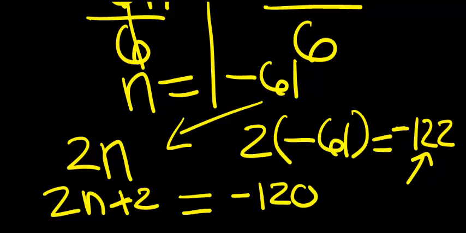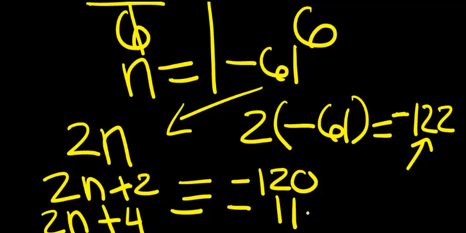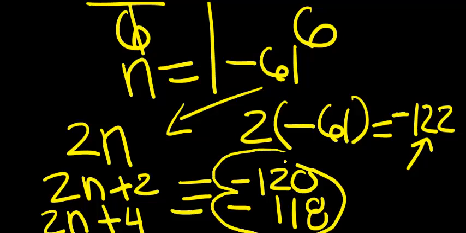My last integer is 2n plus 4. So I look at my answer of 2n, negative 122, and I add a positive 4 to it and I get negative 118. So my 3 integers are negative 122, negative 120, and negative 118.